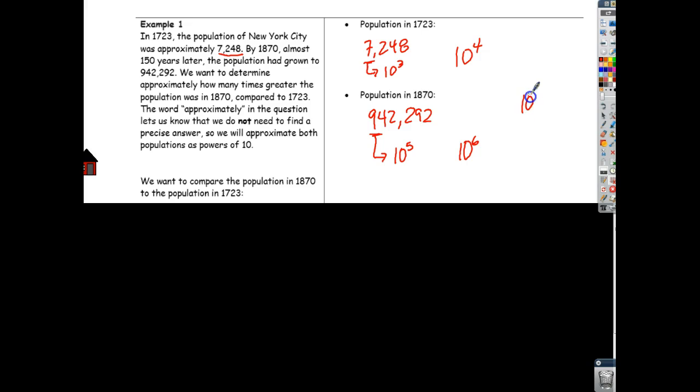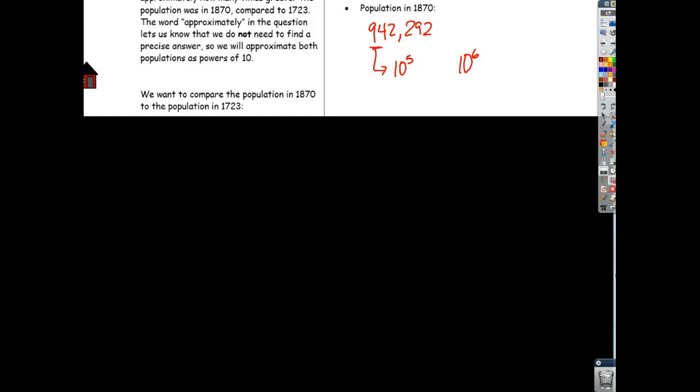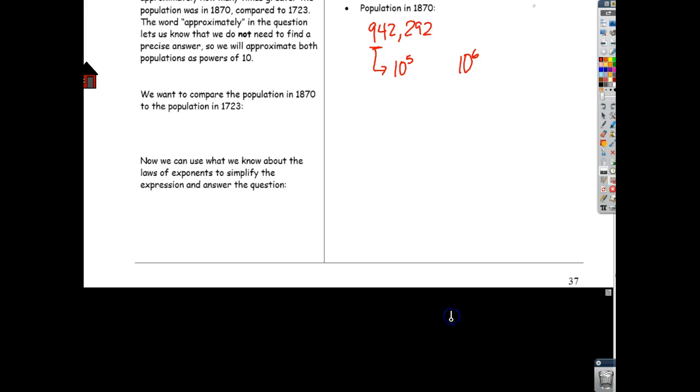Then we looked at 1870 compared to 1723, and so we divided that.